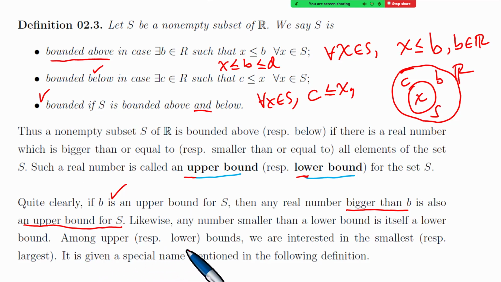Among upper, respectively lower bounds, we are interested in the smallest one, respectively the largest. This is the infimum and the supremum. It is given a special name mentioned in the following definition.